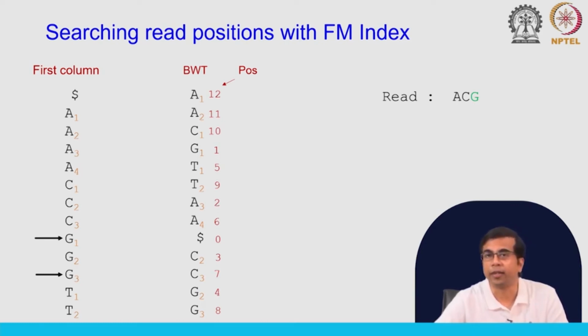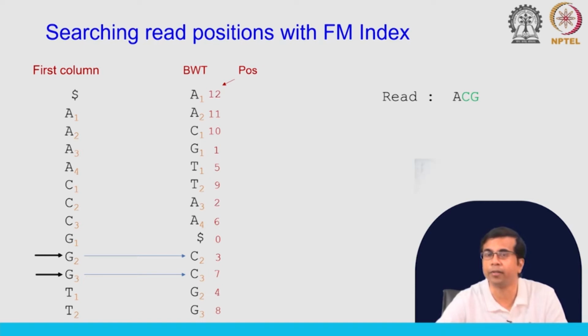Now, we use this again, remembering the rotation. We want to see what is the letter that occurs before this G. What we observe here is that for G2, C2 occurs before G2, and for G3 there is a C also.